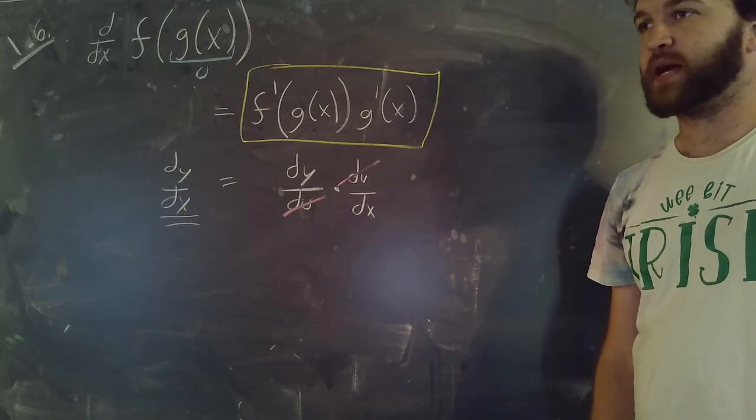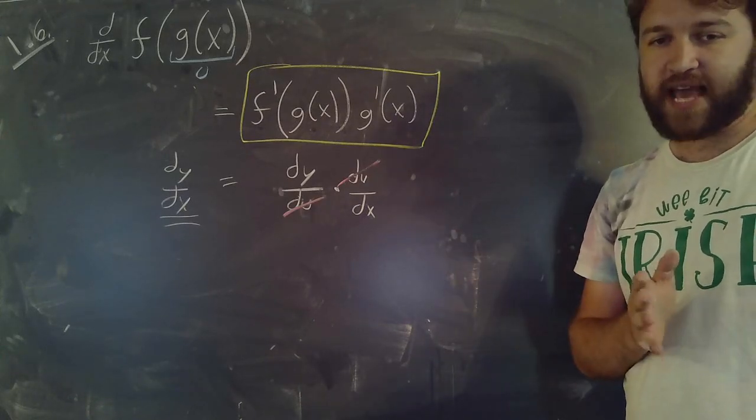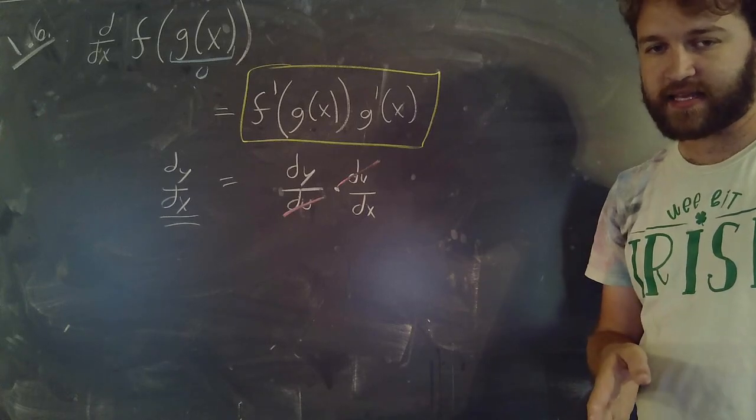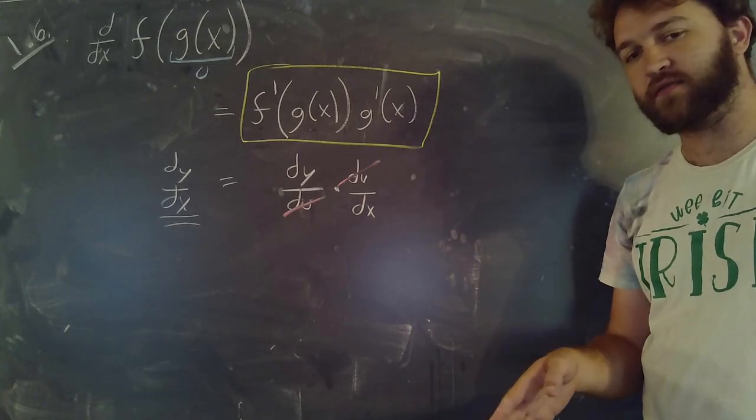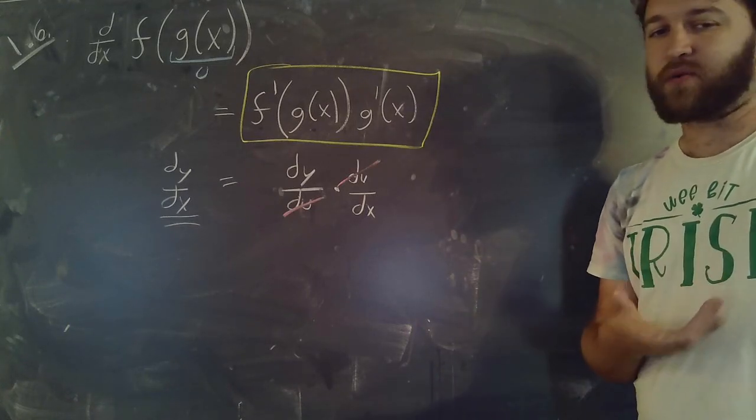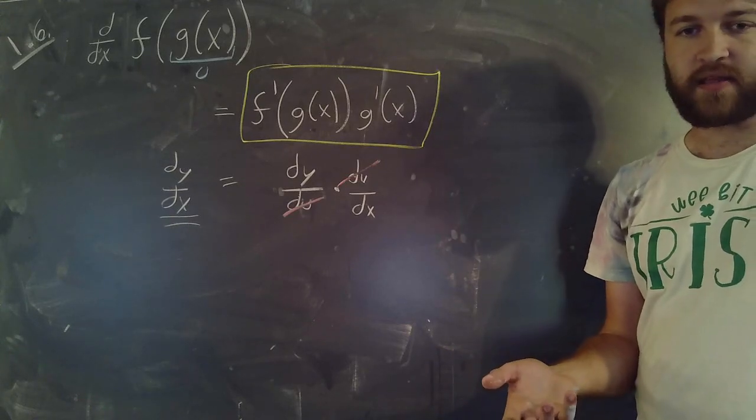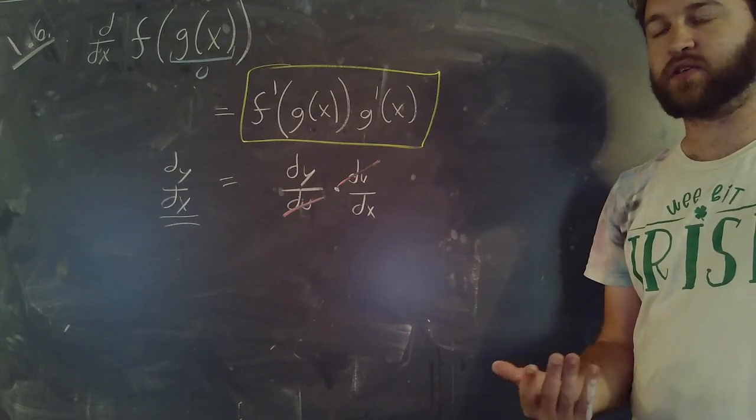So some people like to say this is the derivative of the outside function, plug in the inside function, times the derivative of the inside function. There's not really a cute way to say it, the way that there was with product rule or the way that there was with quotient rule.